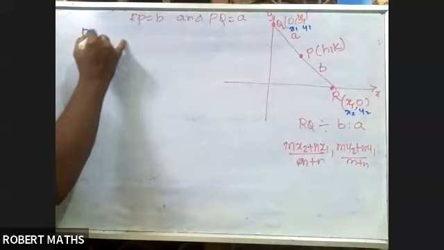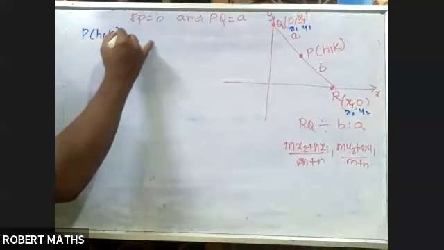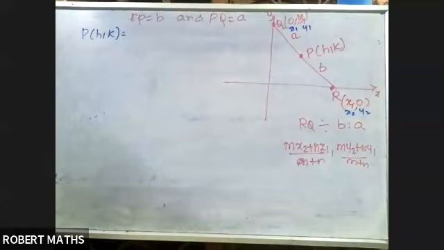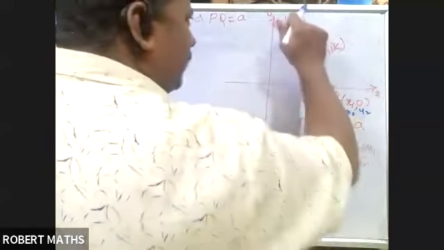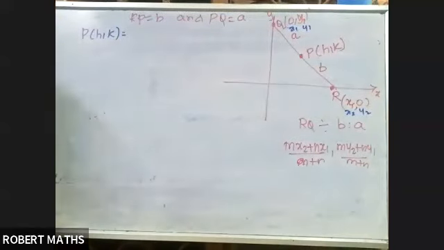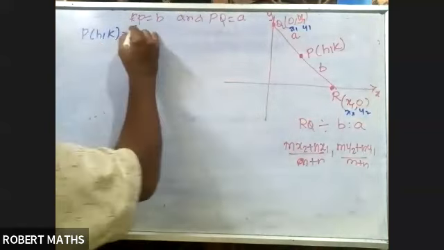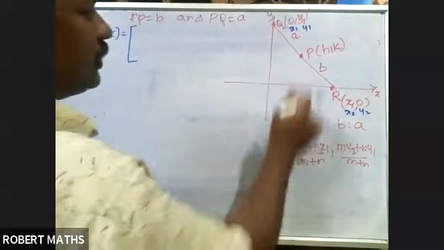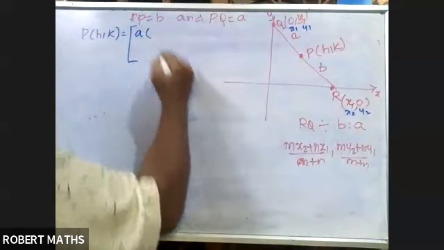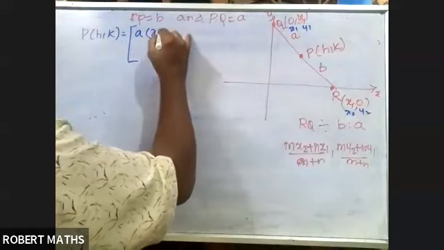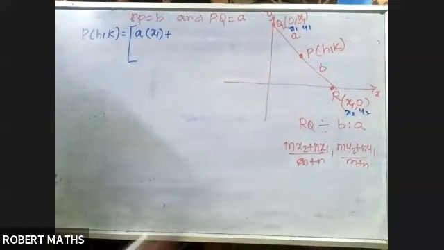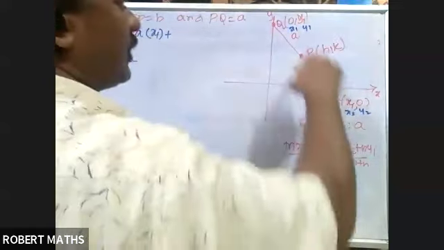Therefore, your point P(h, k) equals, I have taken this as (x1, 0) and this as (0, y1), because they lie on the x and y axis respectively. Now the point P(h, k) equals, what is the formula? M into x2, your M is A, your x2 is x1, plus n is B, your x1 is 0.